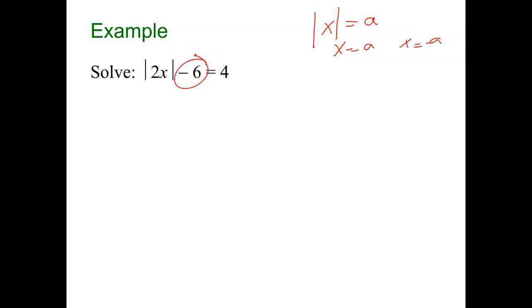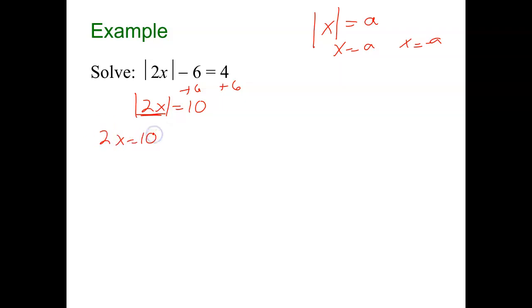Well, let's move that extra stuff. I'll get rid of that negative 6. Add 6 to both sides. So now I have the absolute value of 2x equals 10. Okay? So now I have an absolute value equals something. So now I can go ahead and use that rule and split it. So this has to either equal 10 or negative 10.